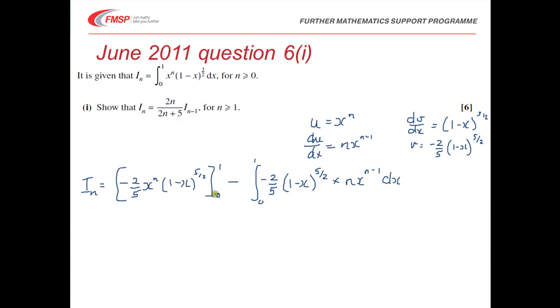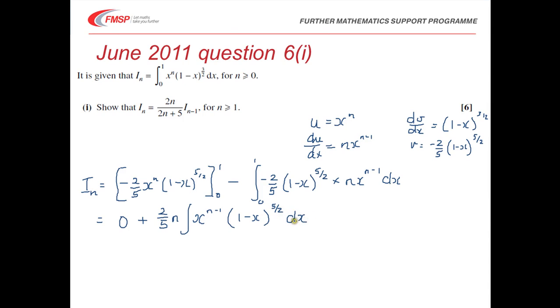Now of course if we substitute in the limits here, if x is 1 then this term will be 0, and if x is 0 then we'll be multiplying by 0 here, so this actually turns out to be 0. We're then left with these two minus signs giving us 2/5 of n. If I take that outside the integral sign, then we have x^(n-1) times (1 minus x)^(5/2).